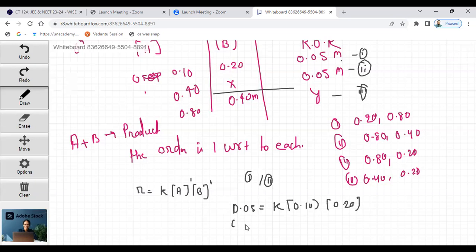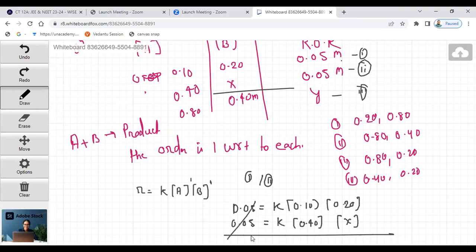For the second reaction, this rate value will be 0.05, this is the K value, A value will be equal to 0.40, B value will be equal to X. If we divide, this will cancel out, this will cancel out, and you will get this result equal to one, and this value 0.20 divided by X value, so X value will be equal to 0.20.